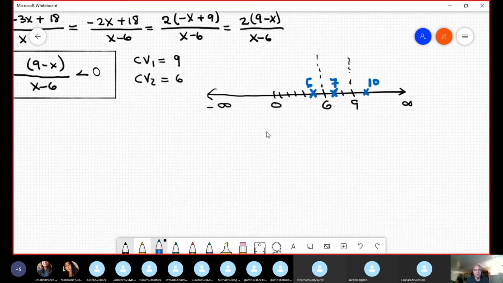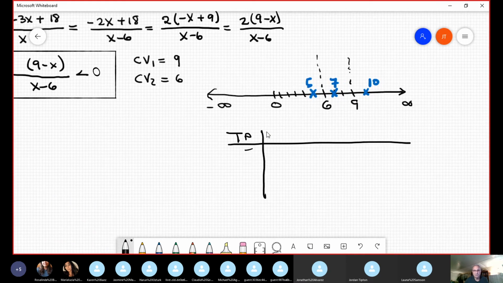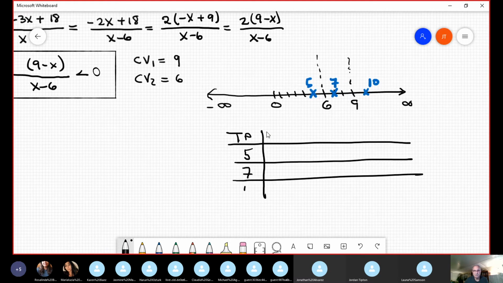Now, ready to make a table. Test points: 5, 7, 10. The factors involved in the problem are 9 minus x and x minus 6. Do you think the 2 is totally irrelevant here? The factor 2 is always positive.